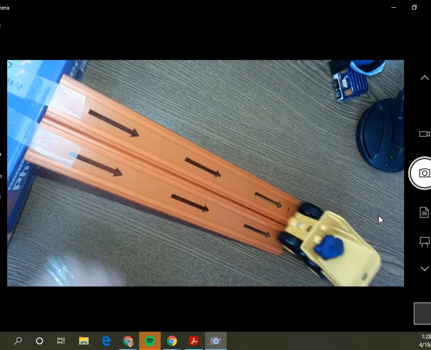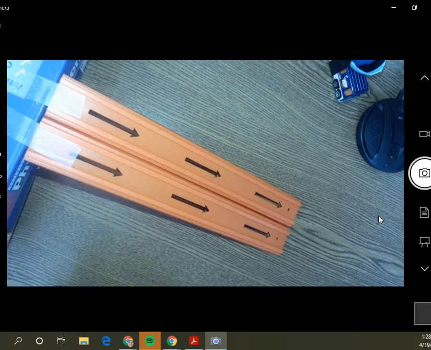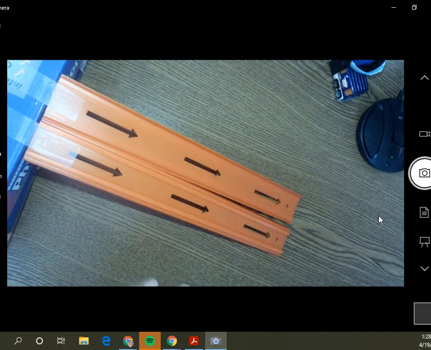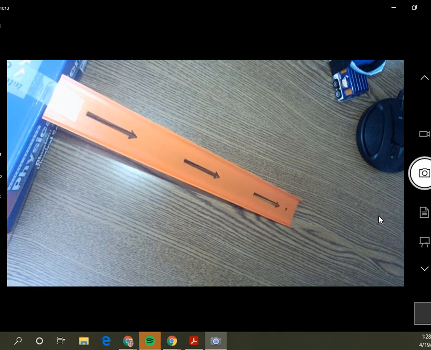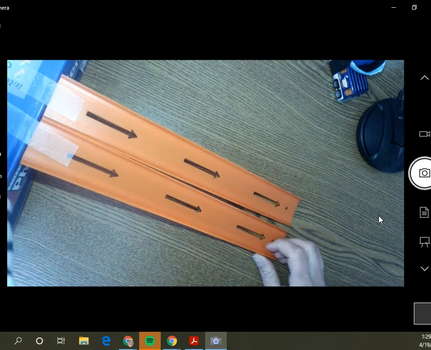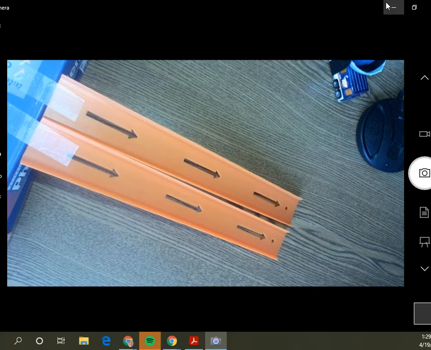Let's see. These tracks must not work. I think we're going to call that one defective and stick with the one that fits in the track. So I know this seems a little bit lame, but it's way more fun when you're actually doing it.